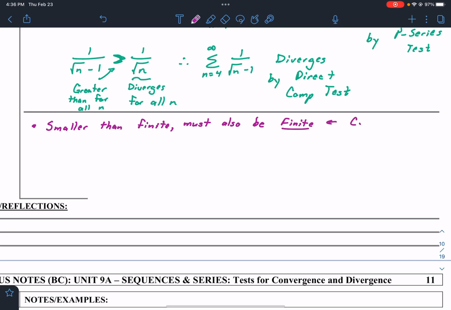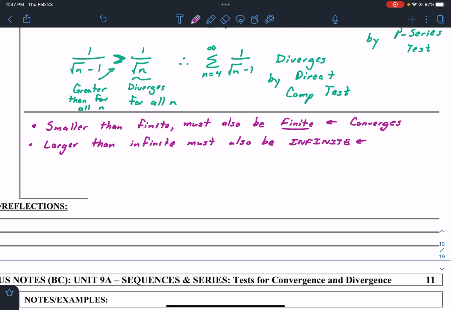This is an example of both converging. Larger than infinite must also be infinite. So that's an example of both diverging.